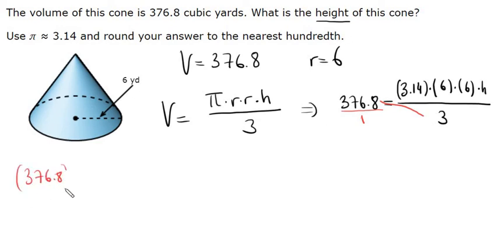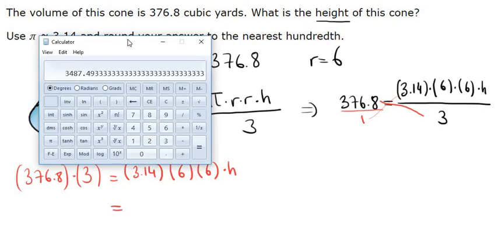So 376.8 times 3 is going to be equal to 1 times this numerator. Okay, so the denominator times numerator, the cross multiplication. So 3.14 times 6 times 6 times height.